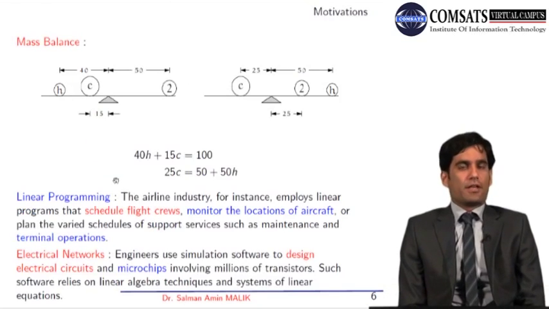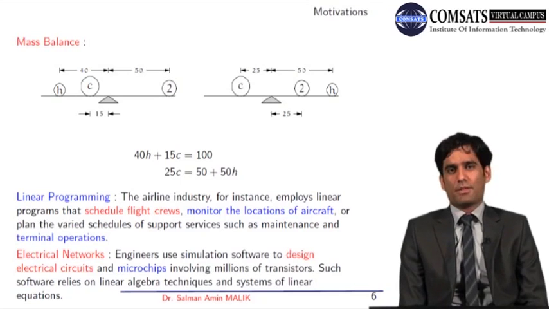Before I formally start the course Linear Algebra, let me give some physical examples from the real world, which, when we try to solve these physical models, lead to a system of linear equations. And if we have the solution of such a system of linear equations, then we have the solution of our physical world problem.